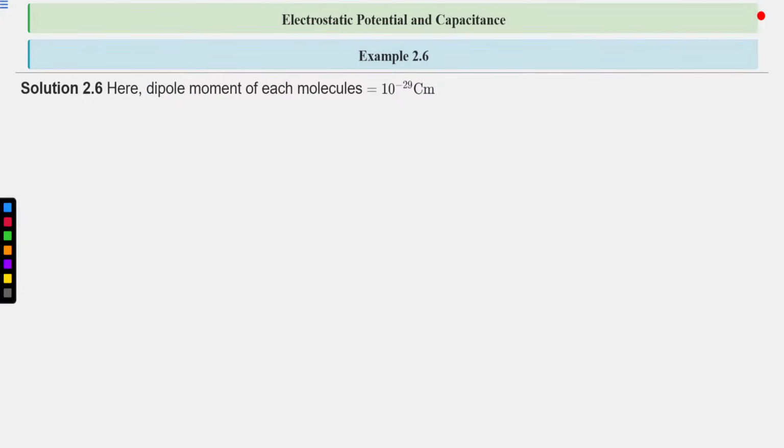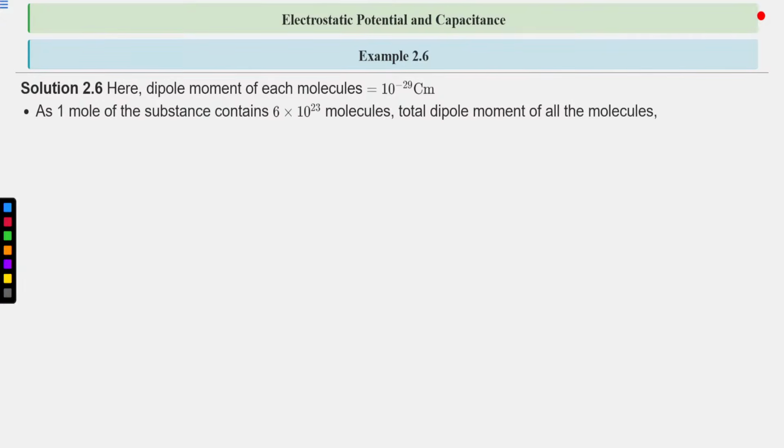So coming to the solution, the dipole moment of one molecule is given as 10 raised to power minus 29 coulomb meter. As we are taking 1 mole of the substance, how many molecules does 1 mole contain? 6 into 10 raised to power 23 molecules. So the total net dipole moment of all the molecules is P equal to 6 into 10 raised to power 23 into 10 raised to power minus 29.